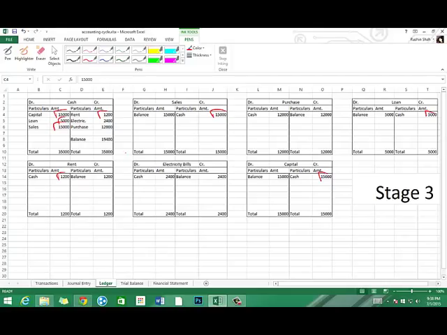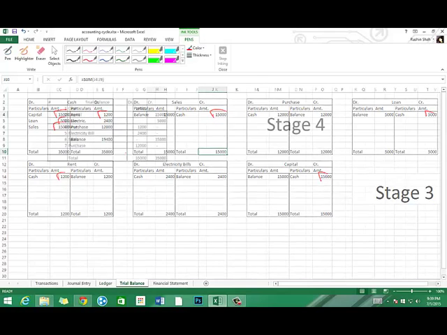If you just want to see how many sales you have done in each store, you can see it by opening that single store's account. But if you have 500 stores, you're not going to look at all 500 stores, it will be very cumbersome. So for that we have created the trial balance.